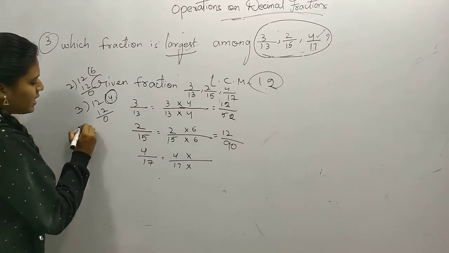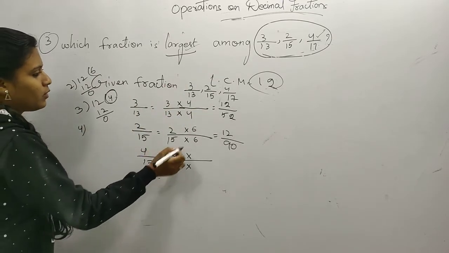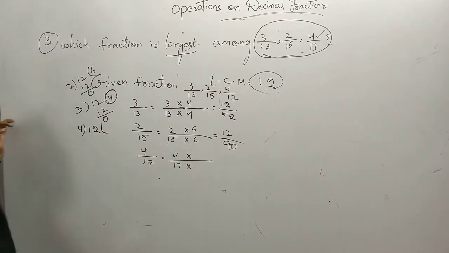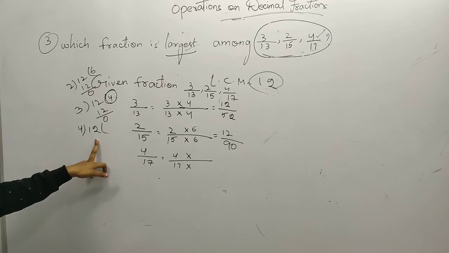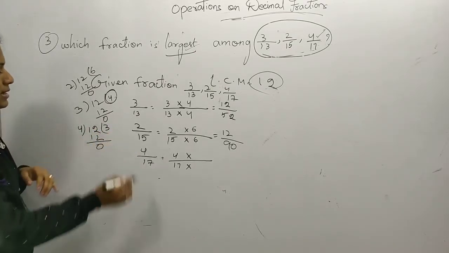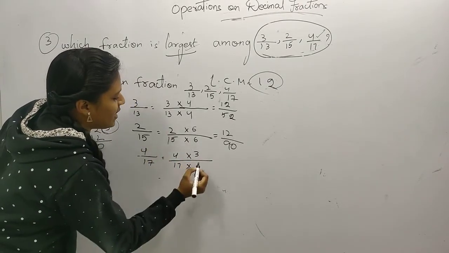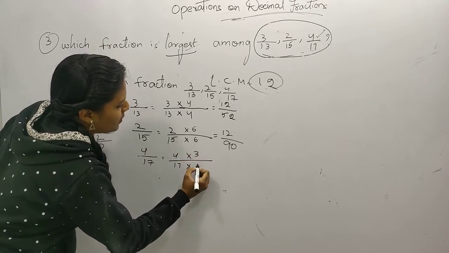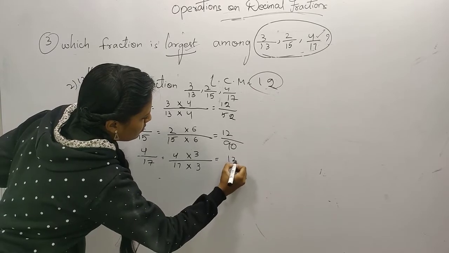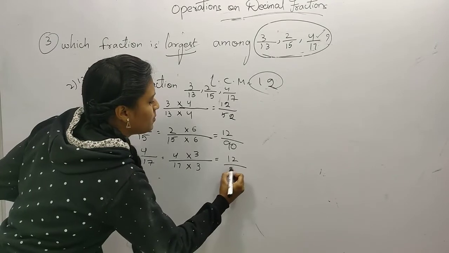Once again, divide the LCM 12 by the numerator 4. 4 1s are 4, 4 2s are 8, 4 3s are 12. The value we got is 3. Multiply it with both numerator and denominator. 12 by 17 3s, how much? 51.